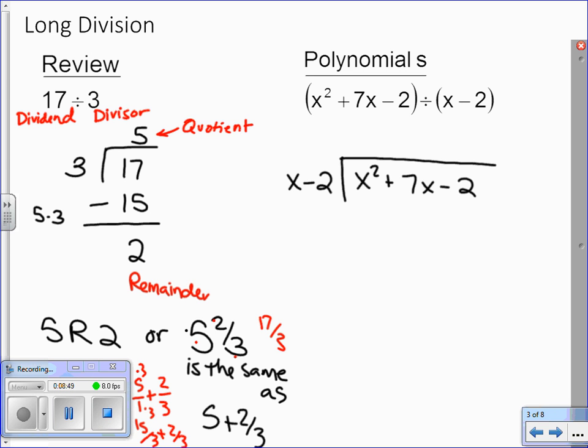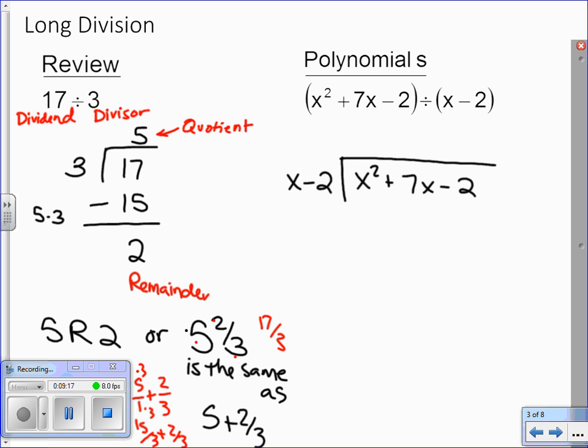Now I'll mention this, it's not really a worry to us right now because we have everything I need. But inside the long division box, you want to make sure your polynomial is written in standard form, so the highest exponent comes first, and then you go in descending order. You always want to make sure you have every term after the highest exponent.